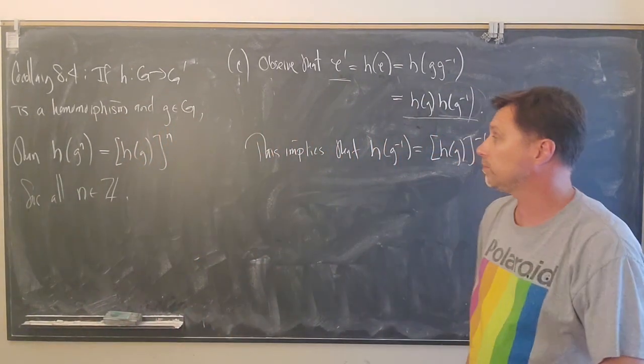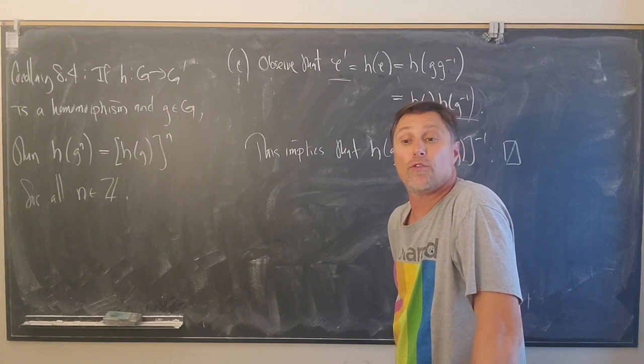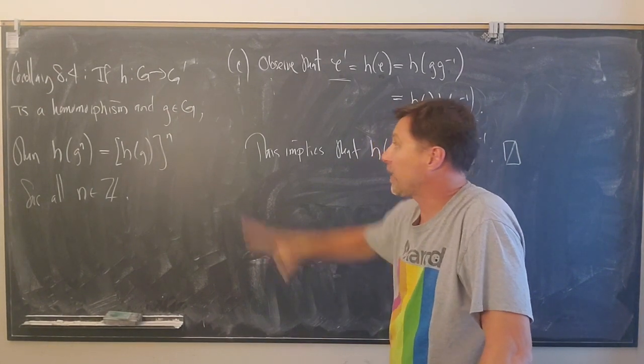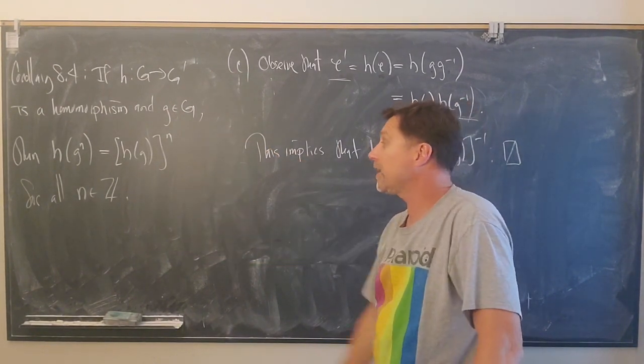Part A of our theorem just said that it was true for N in the natural numbers. And now we can extend this to all integers.